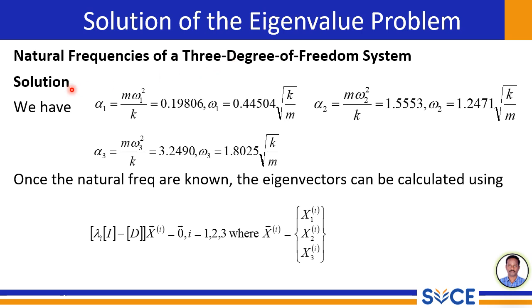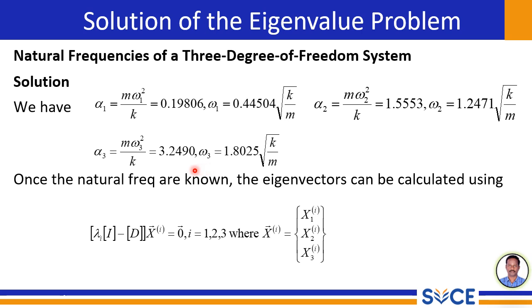We now have the solution to the cubic equation for alpha, which yielded 3 roots. Alpha 1 equal to 0.19806, alpha 2 equal to 1.5553, alpha 3 equal to 3.2470.